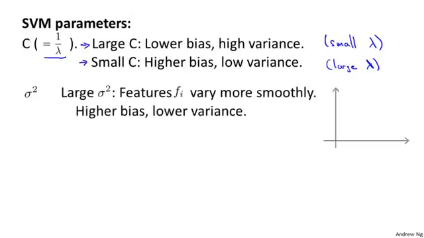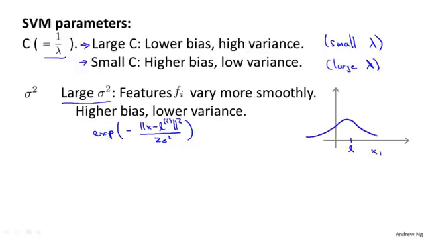So this parameter C is one of the parameters we need to choose. The other one is the parameter sigma squared, which appeared in the Gaussian kernel. So if sigma squared is large, then in the similarity function, e to the minus the squared norm of x minus the landmark, over 2 sigma squared, in this 1D example where I have only one feature x1 and a landmark at that location, the Gaussian kernel will tend to fall off relatively slowly.